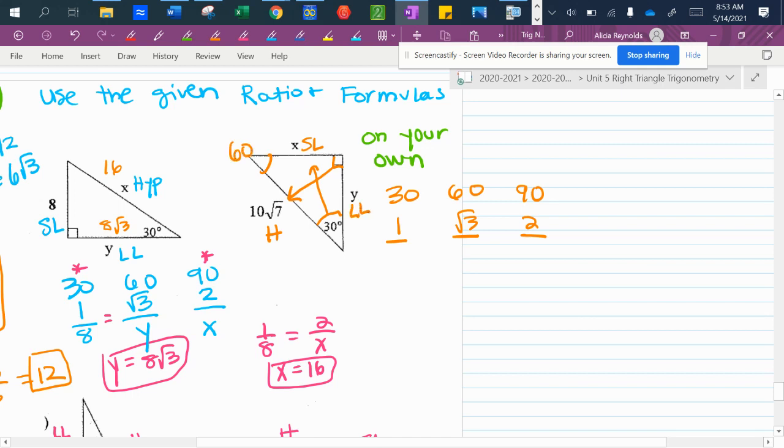So this is the long leg. Now we're getting it. So this should be: short leg is X, long leg is Y, hypotenuse is 10 root 7.